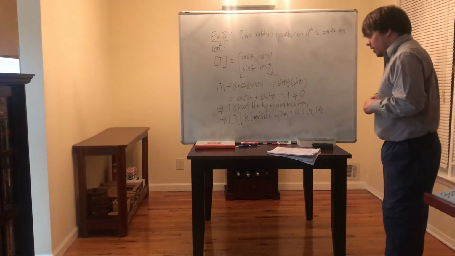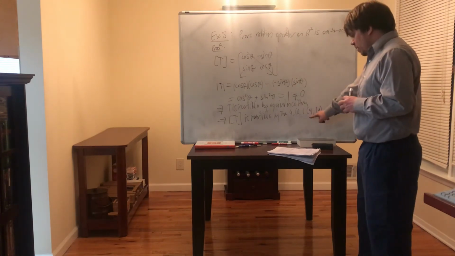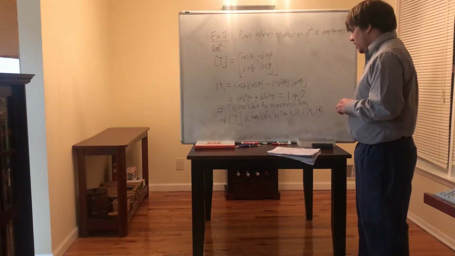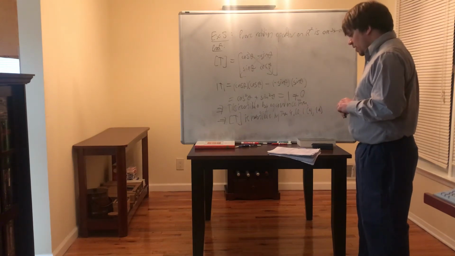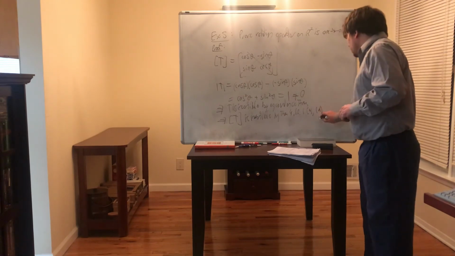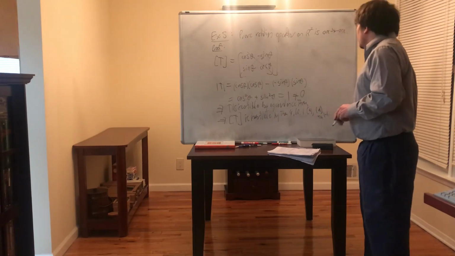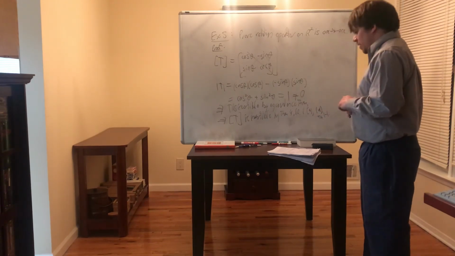This is the very last theorem. Part A said that a matrix is invertible. Part D says T sub A is 1 to 1. So if the matrix is invertible, then T sub A is 1 to 1.